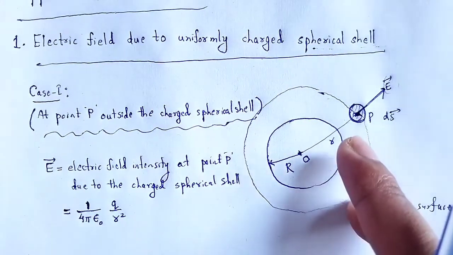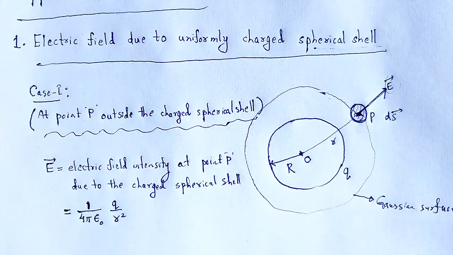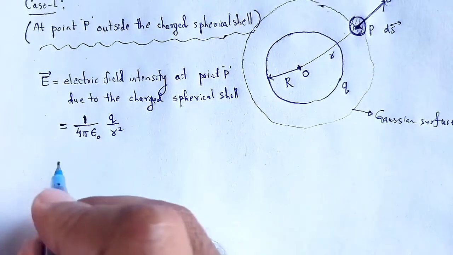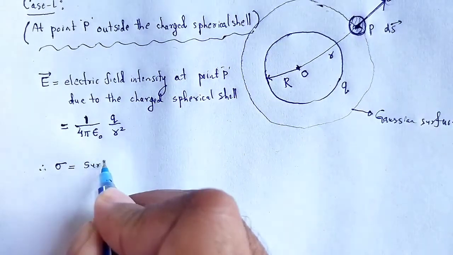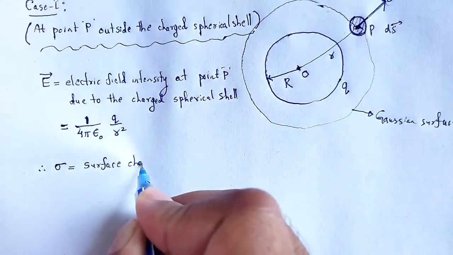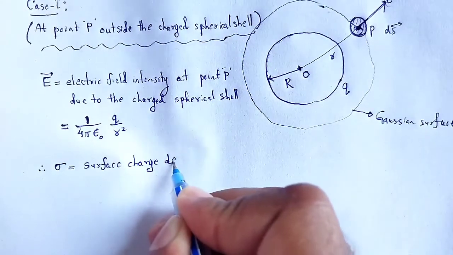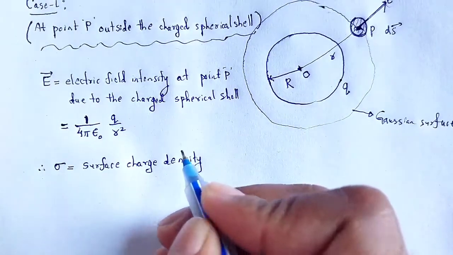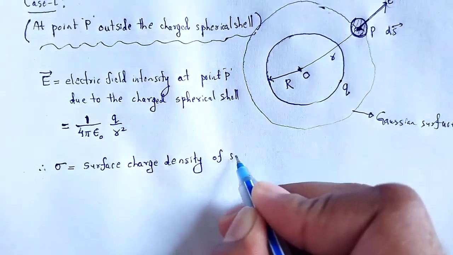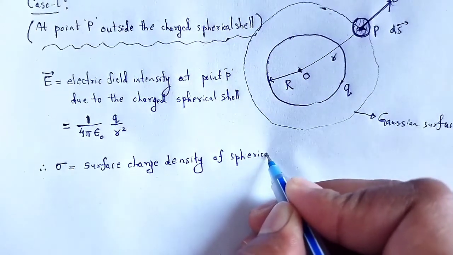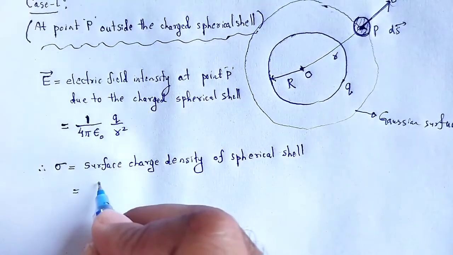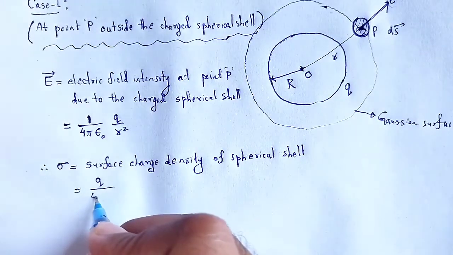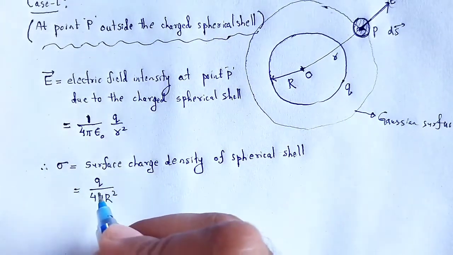Let us define a term, sigma, the surface charge density of the spherical shell. That is charge by surface area, that is charge Q divided by surface area 4 pi R square.